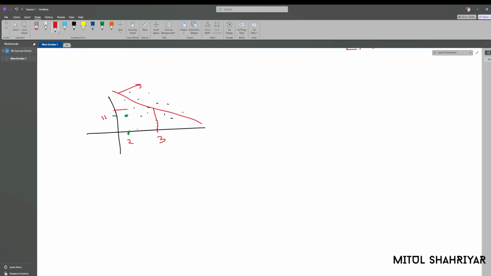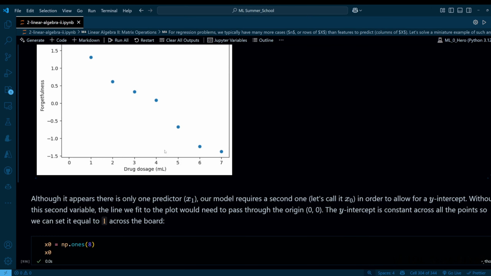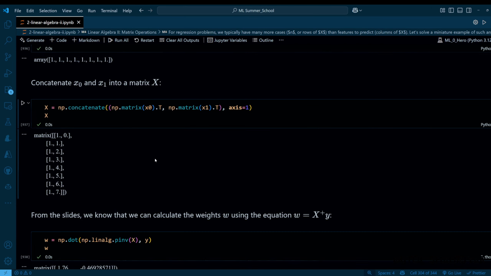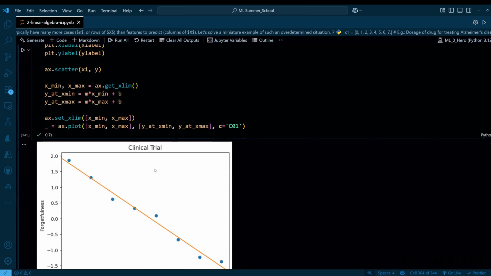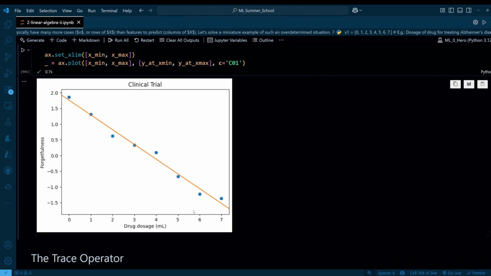I can now say 1.3, just as an example. This is why we get this line. From this data, our focus is to get this line. You can see this is the line, and that is it.